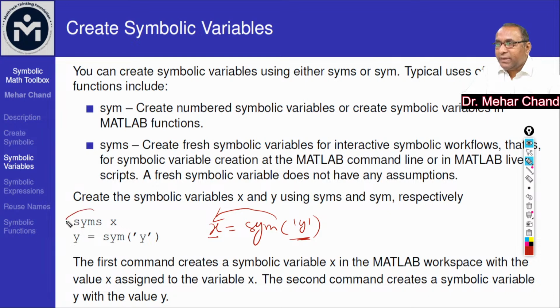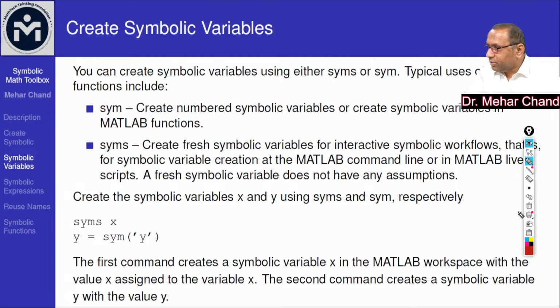But here this code we can use in the interactive symbolic workflow, the symbolic variable created at the MATLAB command line or in MATLAB live script. I want to present some examples.